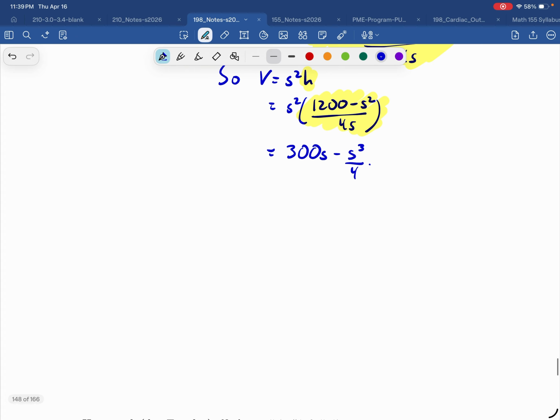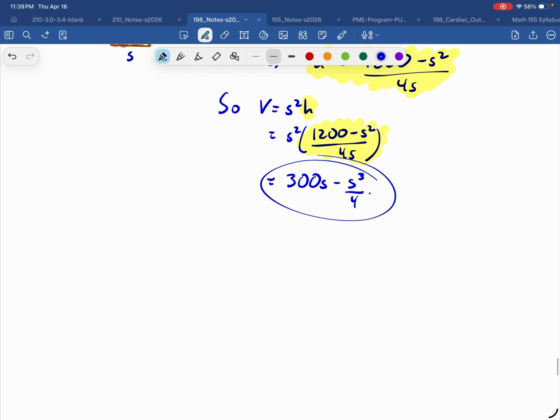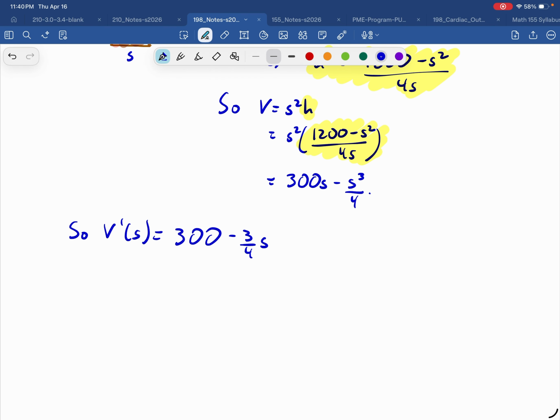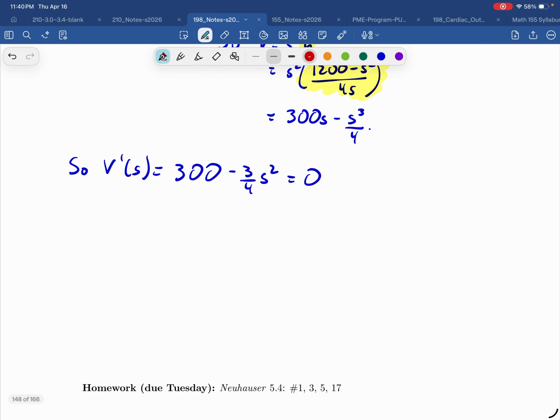Okay? So now, again, V is just a function of S, and so we find V prime of S, which is going to equal 300 minus 3/4 S squared, and we set that equal to 0. And we're going to multiply each side by 4/3. So the 3/4 is going to go to 1. 300 goes to 400.